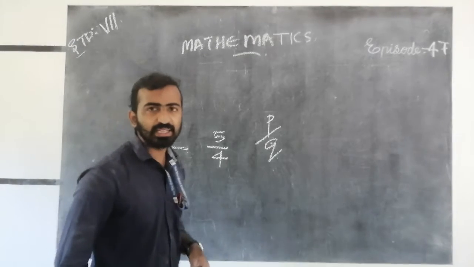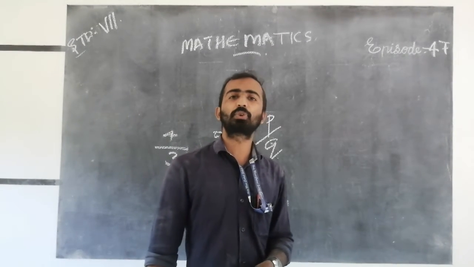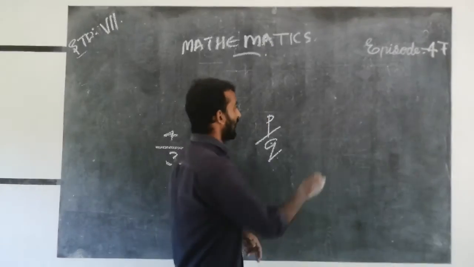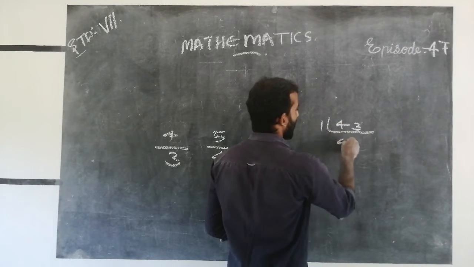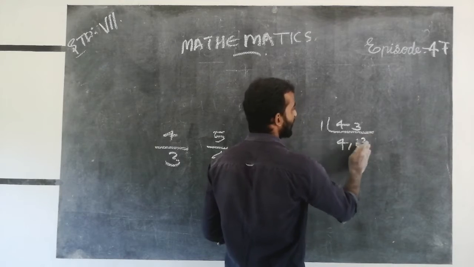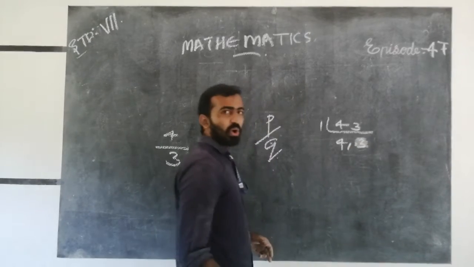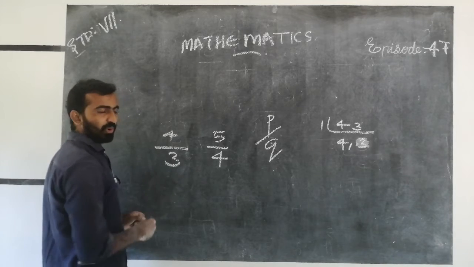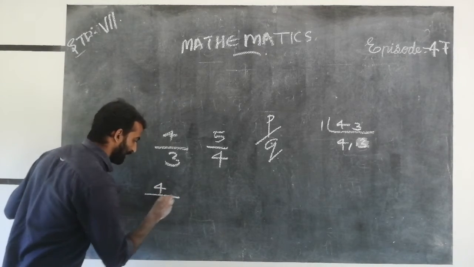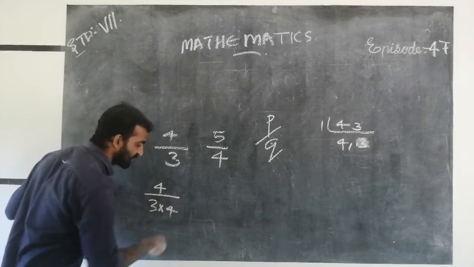For that we take the LCM, the least common multiple. The LCM of 4 and 3 is 12.